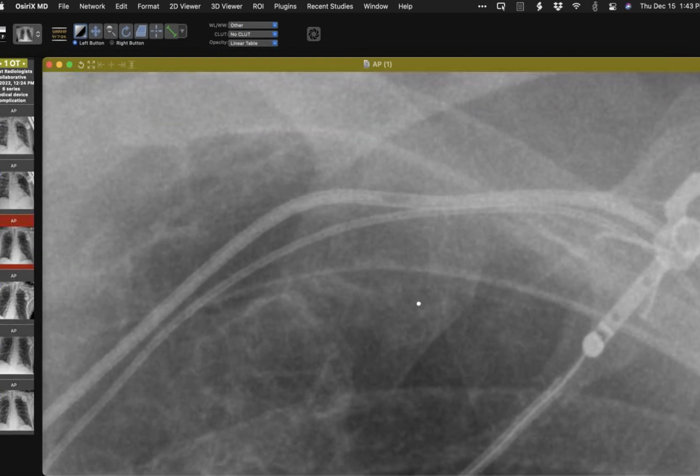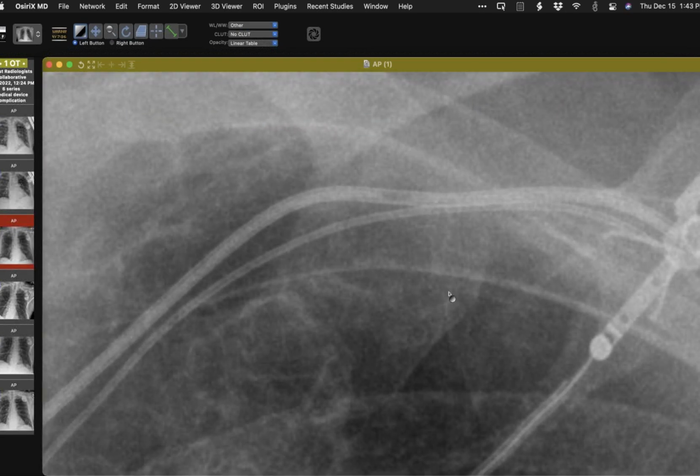And you've got to magnify, change the window width, and I hope you guys on your computers will see there's a gap right here between here and there of the broken lead.